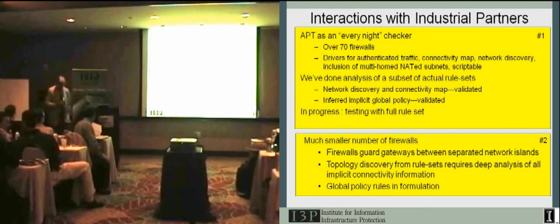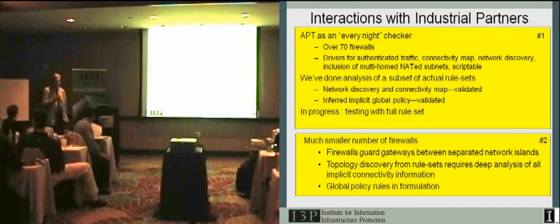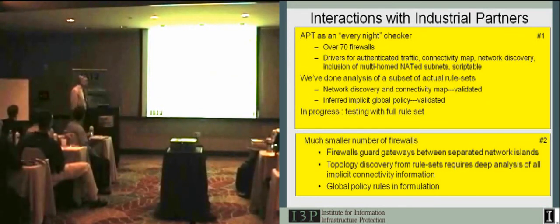This partner is intending to use APT as a checker every night, to take the rule sets and analyze them and see if anything untoward or unintended had been introduced and left there, which caused the network's posture to be in violation. We're working with them and found some interesting things, and we're developing what the global policies ought to be for them.